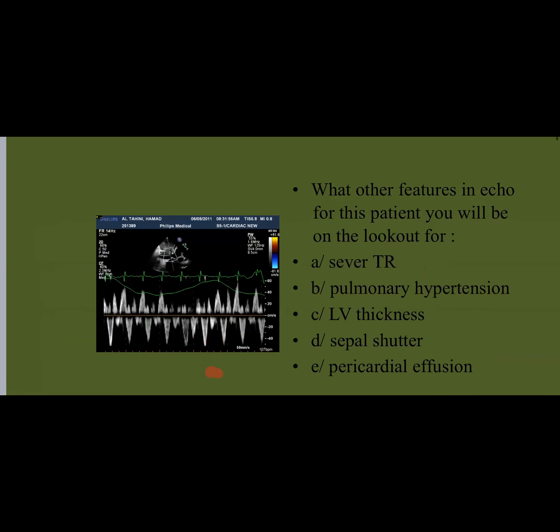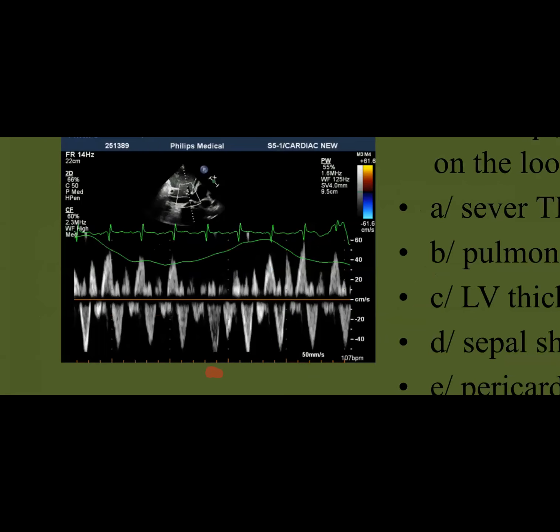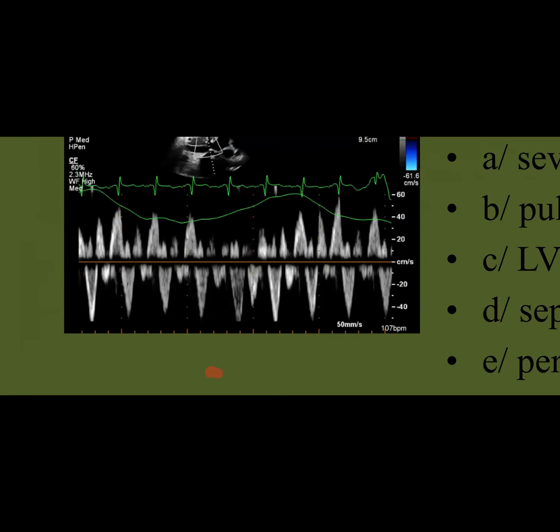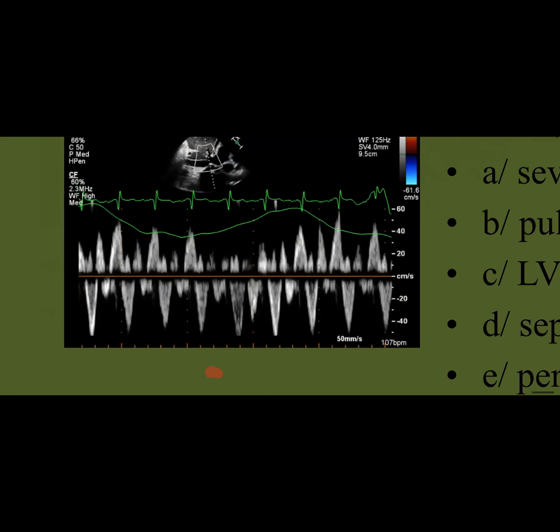What other features in echo for this patient will you be on the lookout for? I will bring it closer, zooming in. So what is this? You can see what's going on here. You have a spirometer and you have hepatic venous Doppler.